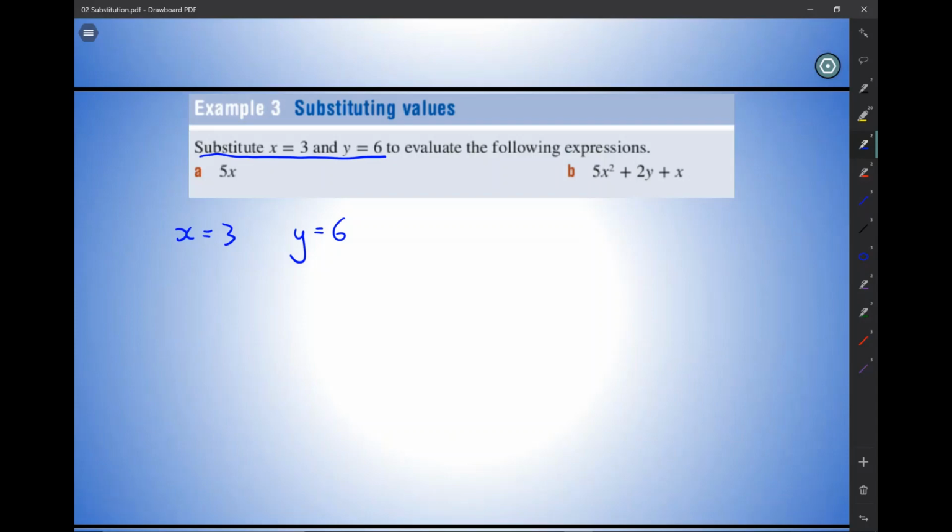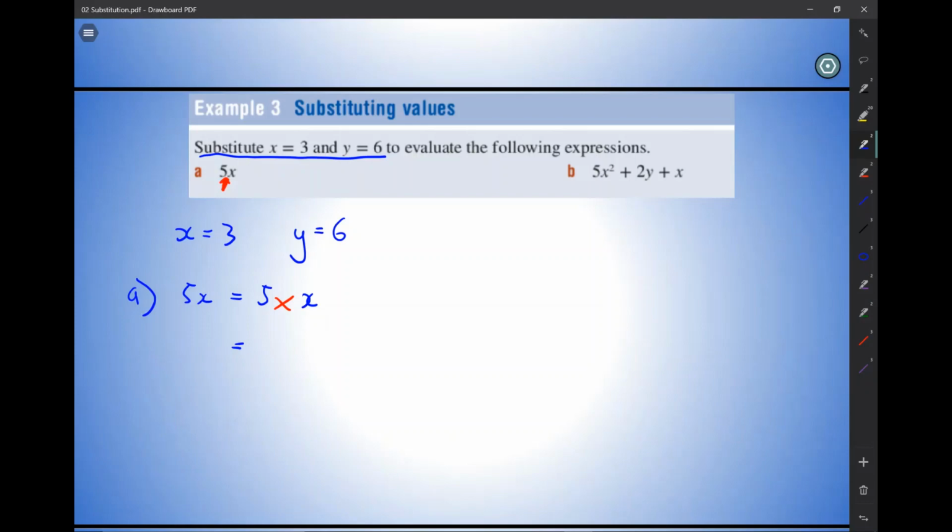Okay, so in the first example, we have 5x, which, remember, when there is no symbol, it's just a number then a letter, there's nothing in between them, what we mean is 5 times x. We don't write the times, but it is there.